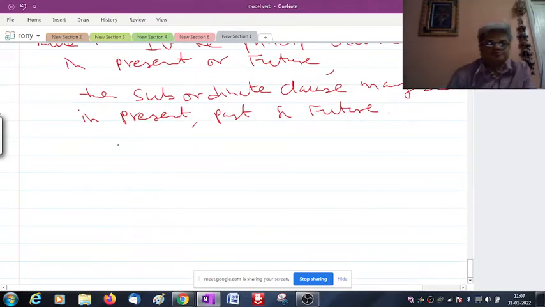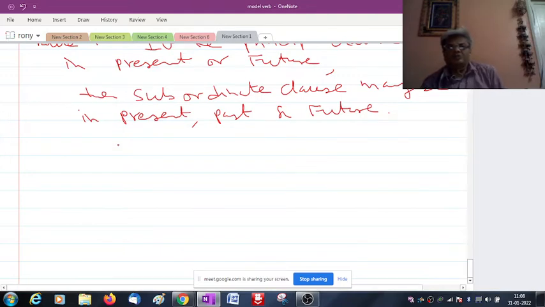What I am saying is that if the main clause is in present or future, the subordinate clause, meaning the remaining sentence, the dependent sentence, can be in present, past, or future.